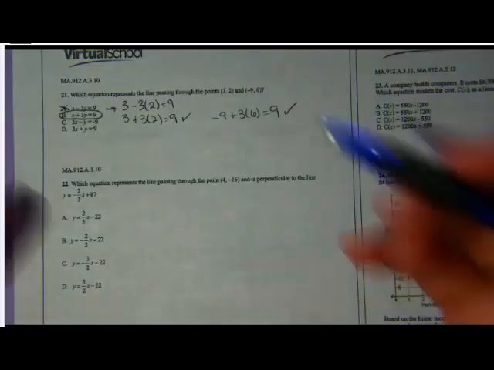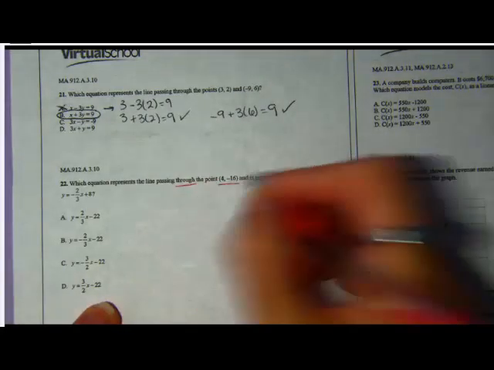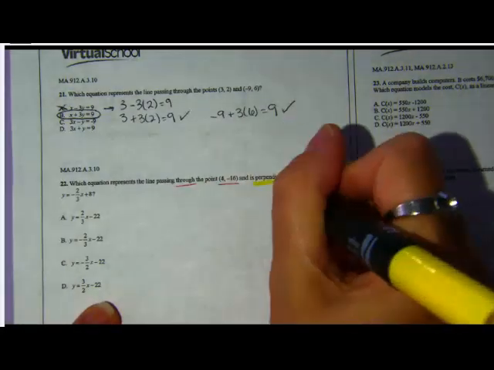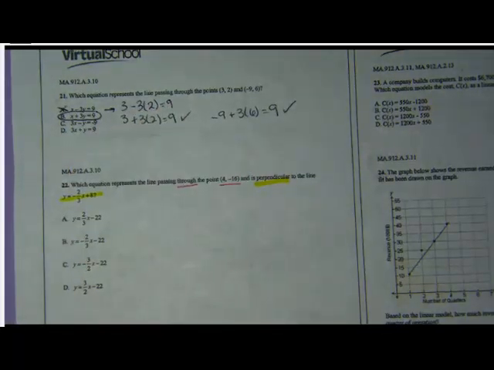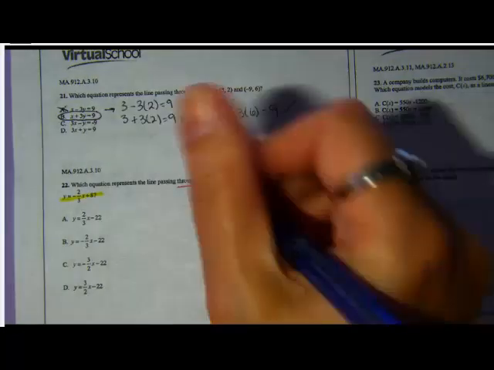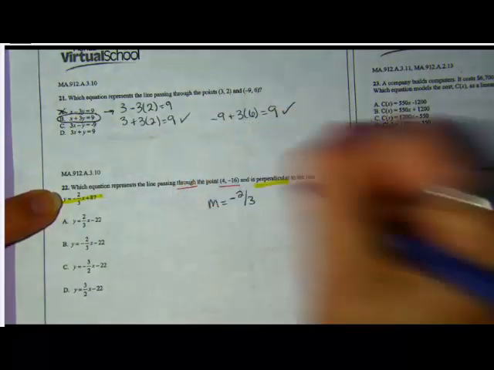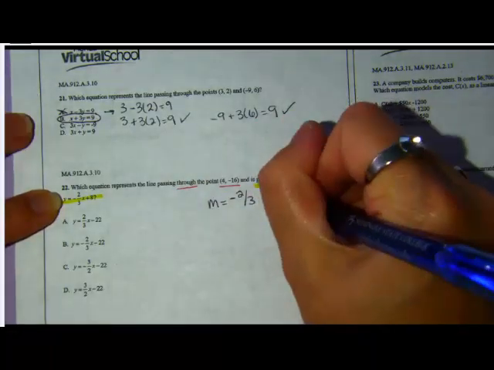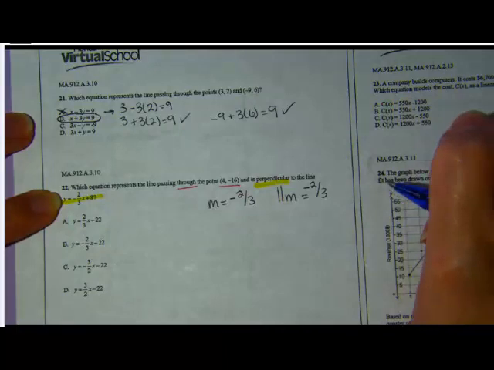So if we look at this, we want to go through (4, 1, 6) and we want to be perpendicular to that line. And that's important: perpendicular. So here's m. If we were talking about parallel, we would be exactly the same.